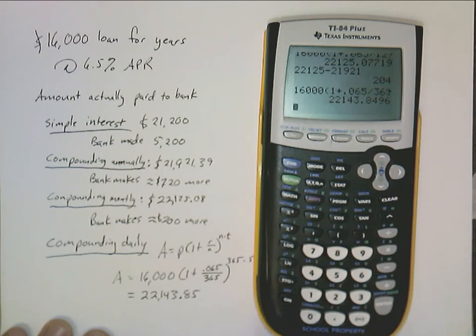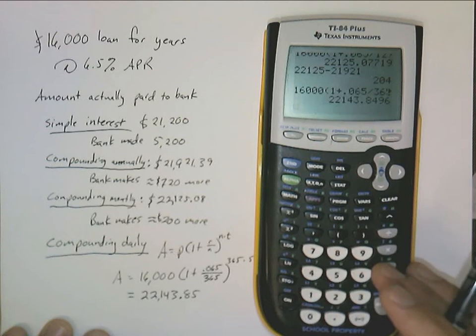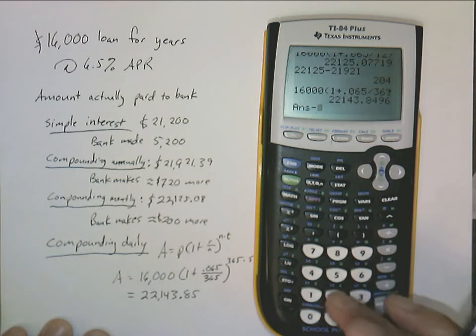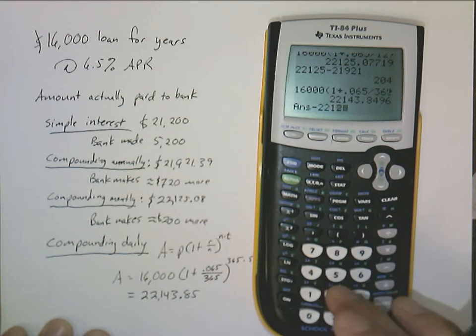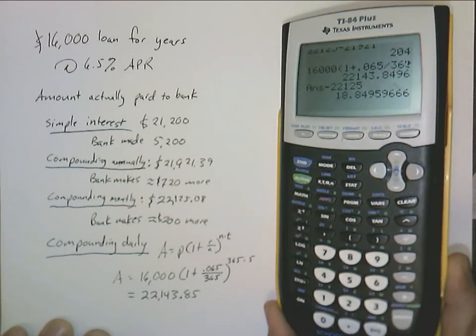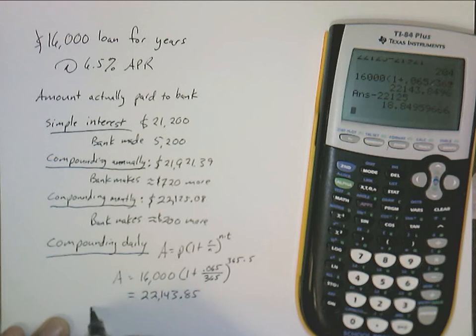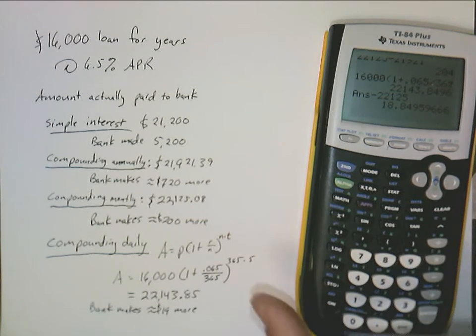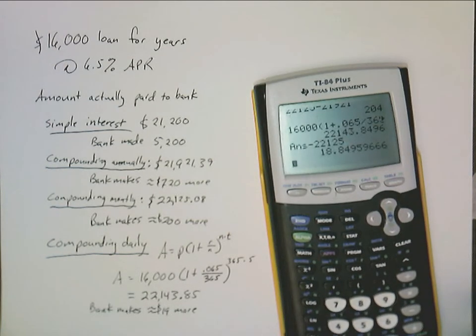That amount more than the $22,125. So we subtract off $22,125. We see that we get about 19 bucks more just by changing from monthly to daily. Kind of nice that you can just change a word and all of a sudden make significantly more money.